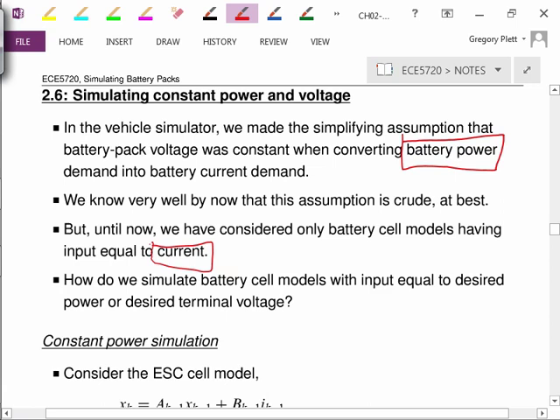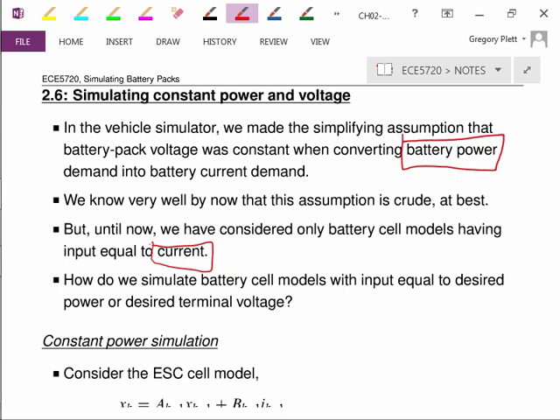So we need a way to convert a demanded battery cell power. Let's look at the cell level first, not the pack level. Let's convert a battery cell demanded power into a battery cell demanded current, because once I know the current, I can simulate using the model equations that we have now.